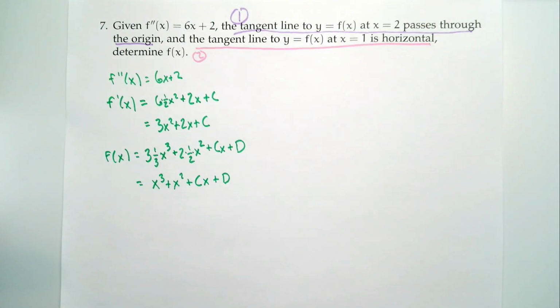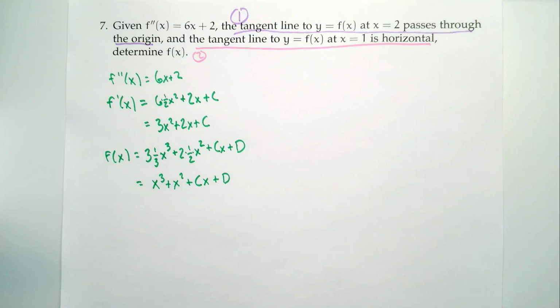Two pieces of information will help us solve for our two constants. In general, whenever you're doing a problem like this, every piece of information helps you get rid of one constant. Another way to think about it is I have two degrees of freedom, because every time I took an antiderivative I got a new constant, which allows me to specify two things about what I want the function to do.